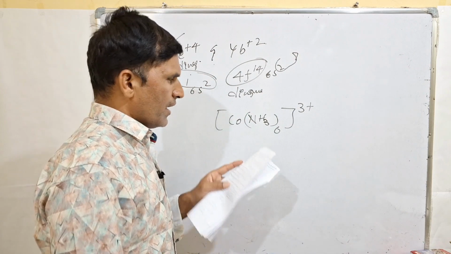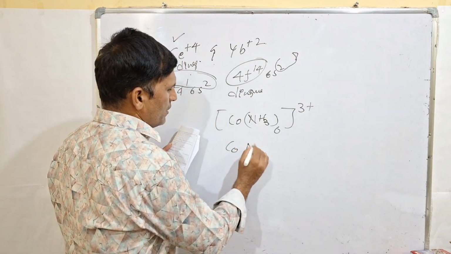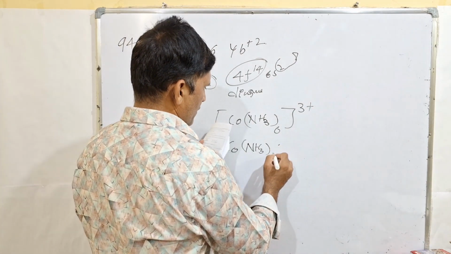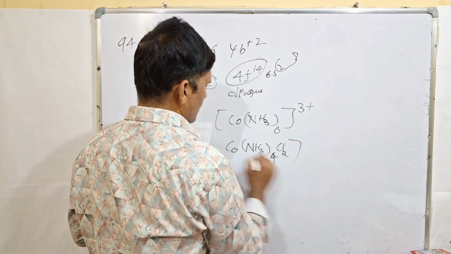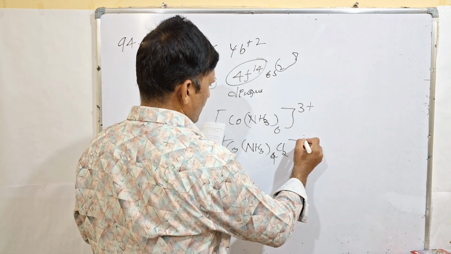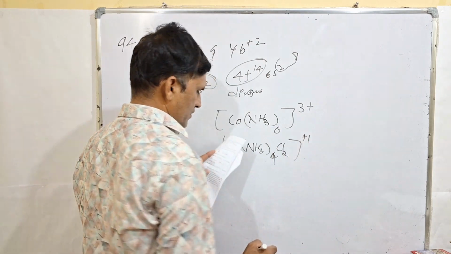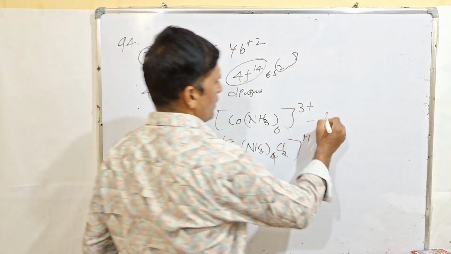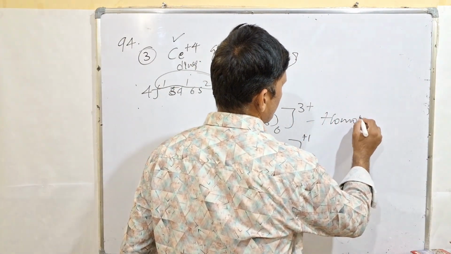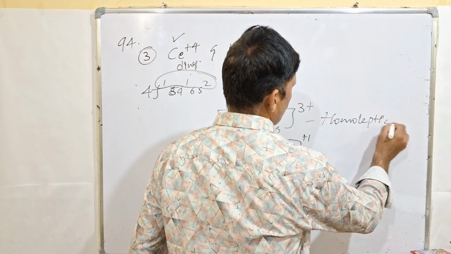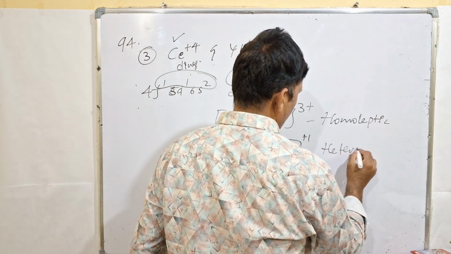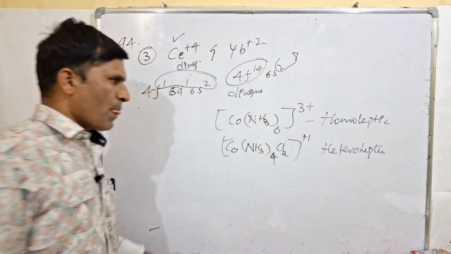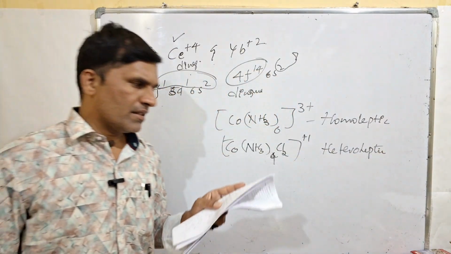Whereas cobalt NH3 taken 4 times Cl2 plus 1 is a heteroleptic complex. So that is what the statement is.